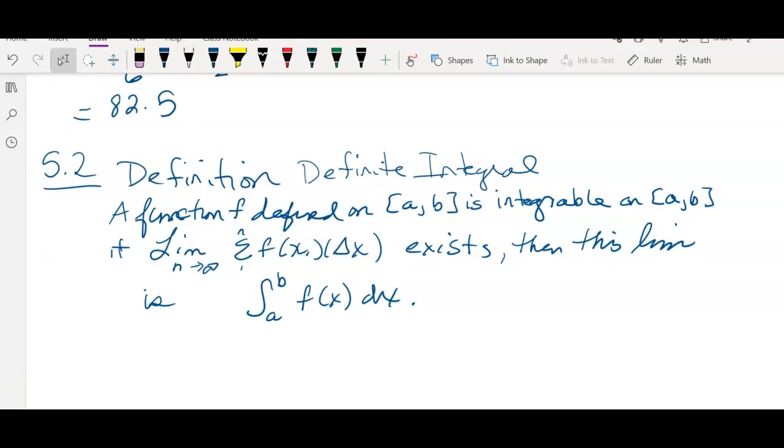The symbol for integration comes from summing to infinity. If I take this and expand it enough, it looks like that. That's literally where the symbol came from. The symbol represents taking sums of the rectangles to infinity. So that's where the integration symbol comes from. It's this evolution of a summation.